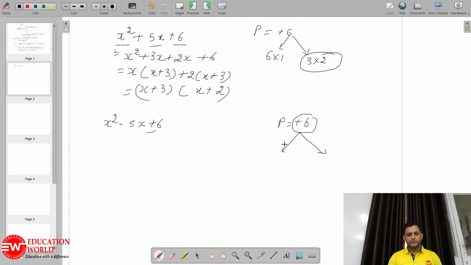Now again 6 into 1 and 3 into 2. So which is applicable? 3 and 2 is applicable. Now see, whatever the middle term sign, both terms I will assign the same sign when the product is positive.